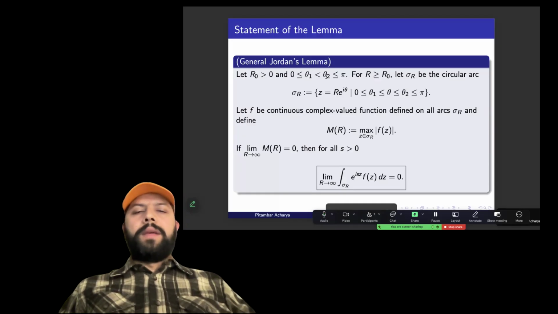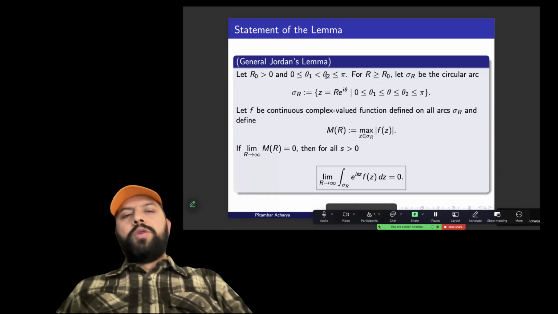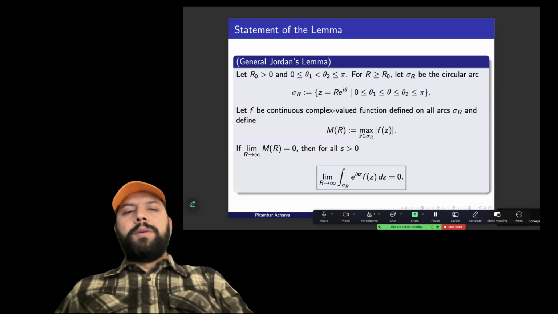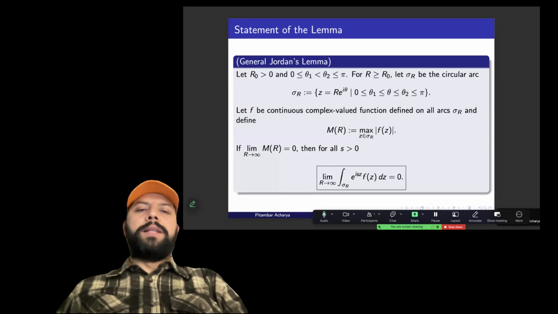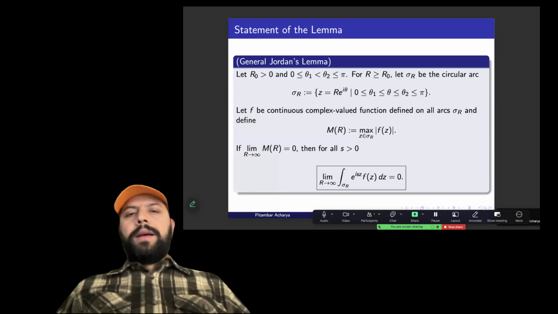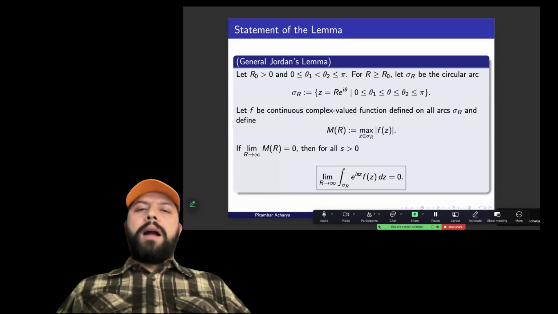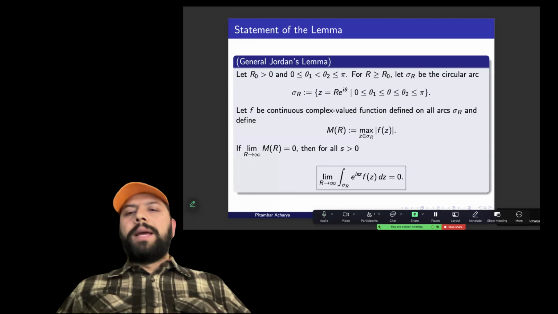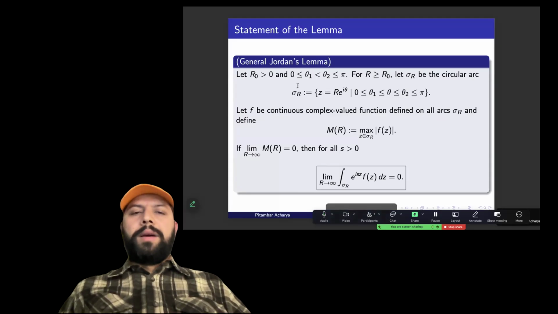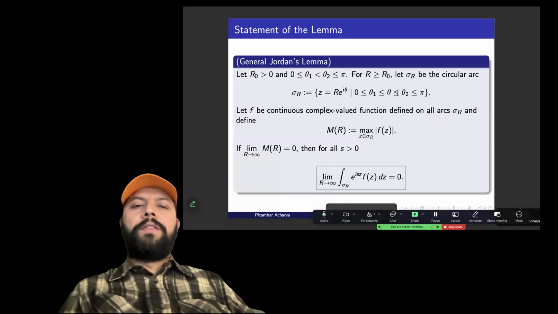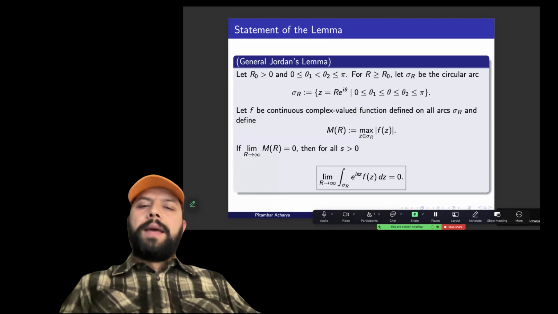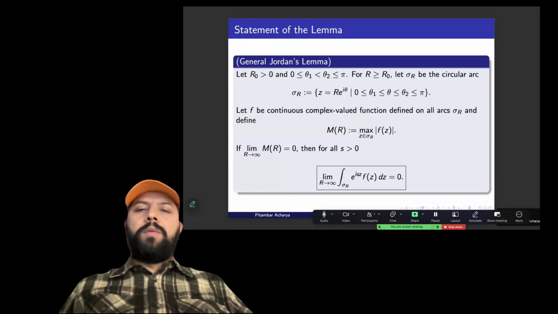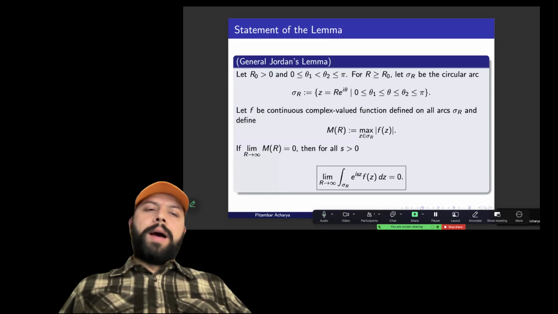and angles theta 1 and theta 2 lie between 0 and pi. Here, for simplicity, we take theta 1 less than theta 2. For R greater than R0, we suppose sigma sub R is a circular arc, given by the set of all complex numbers of the form R e to the i theta, where theta lies between theta 1 and theta 2, which in turn lie between 0 and pi.